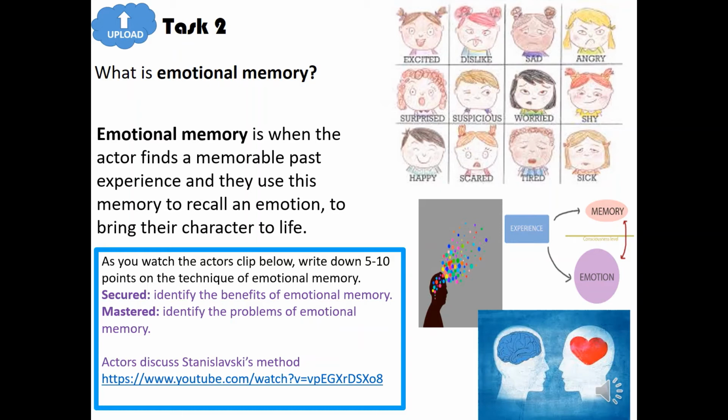Secured and mastered students will do the task, but Secured will also identify the benefits of emotional memory. And Mastered, I'd like you to identify the problems of emotional memory. And again, you should find the link for the video in Class Charts.